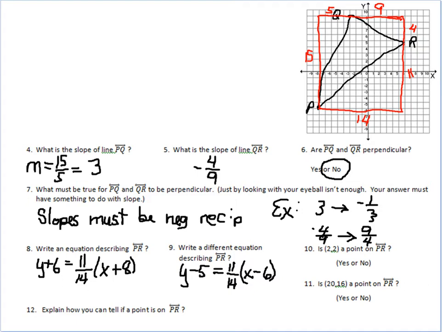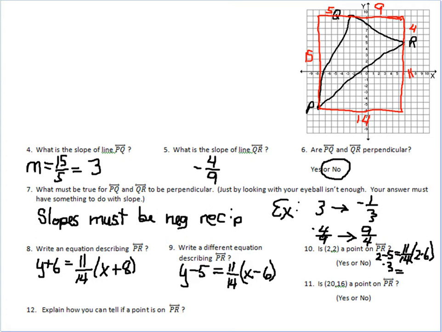So if I stick the 2 in for the y, it's 2 minus 5 equals 11/14. Stick a 2 in for x, minus 6. That has to be true. If it's a point on the line, it's going to be true. So 2 minus 5 is negative 3.